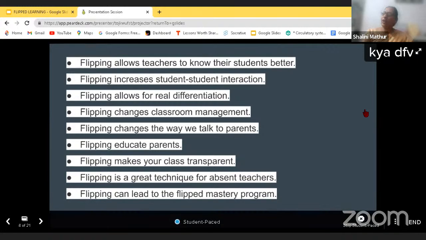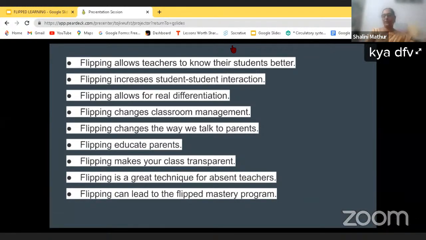All these things are already clear. Not everyone's parents are from a science or humanities background, so when they have that content, they can help their student to explore more.